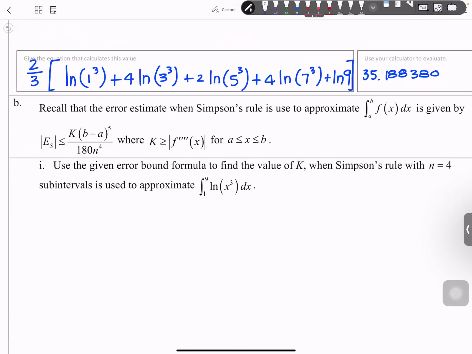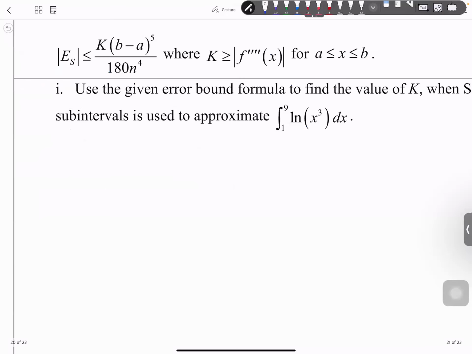So that means we need to start by finding the 4th derivative. Start with f of x equal to the natural log of x cubed. Now, make the derivative a little bit easier for yourself here. Do you all remember the rules of logarithms? What does the power rule say?